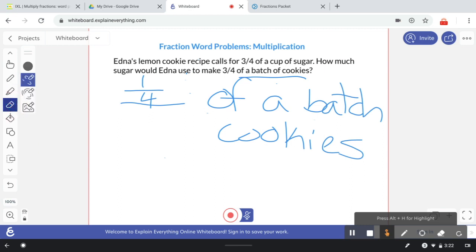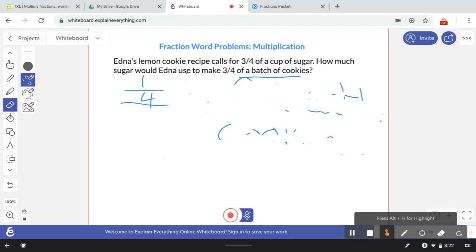Other keywords to look for I'm also going to go over quickly, and then you'll also be able to see it in the next problem that we're going to try after this one.